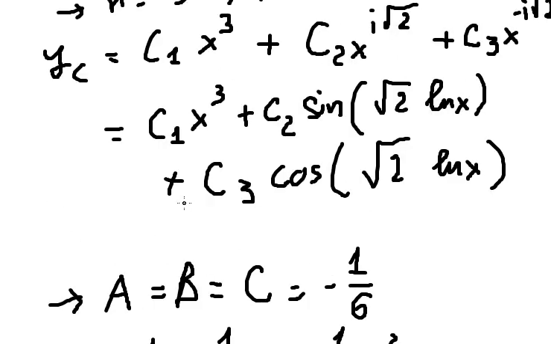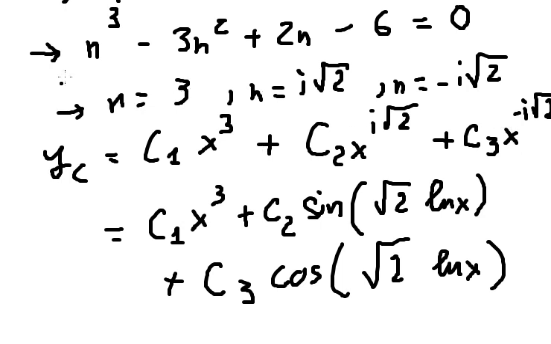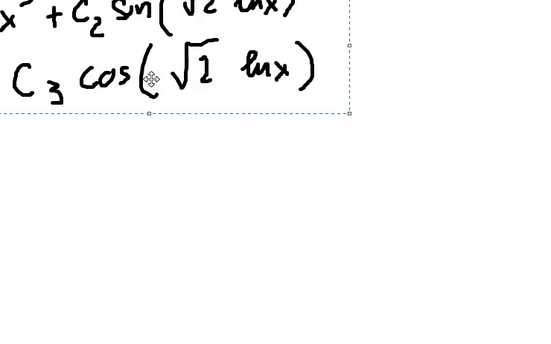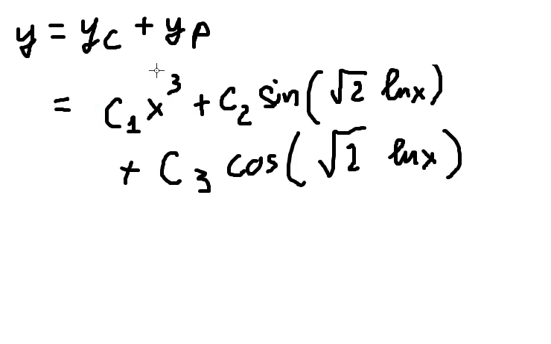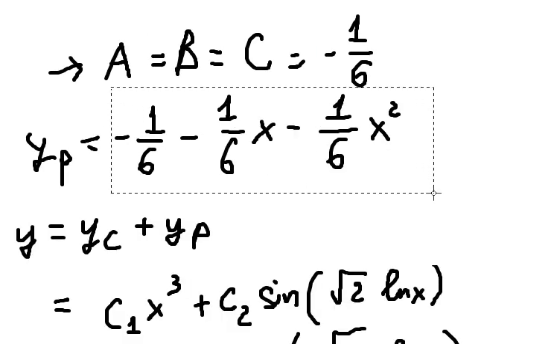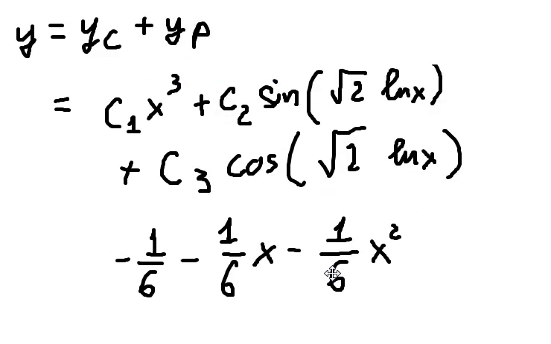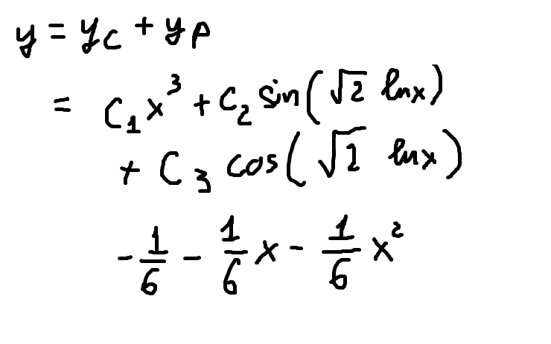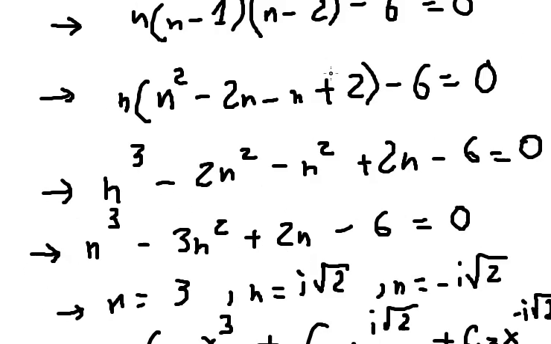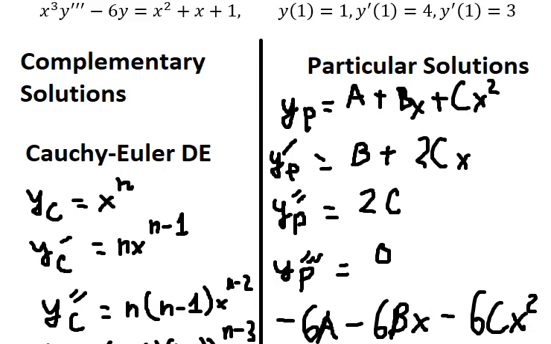Yc is this one, and yb is this one. Now we have the conditions. That is about this one.